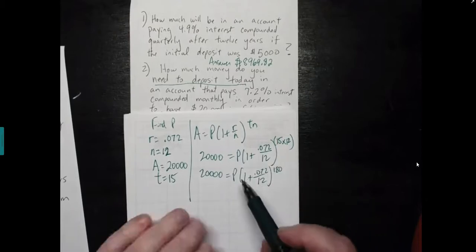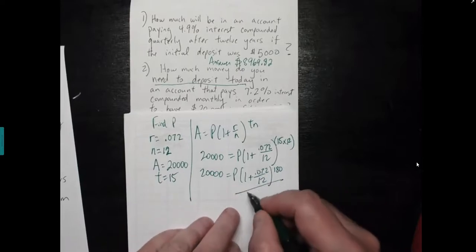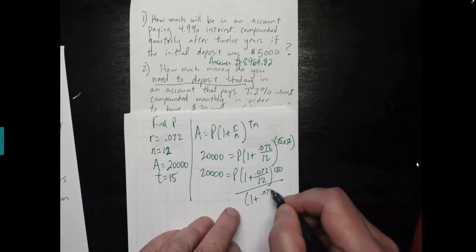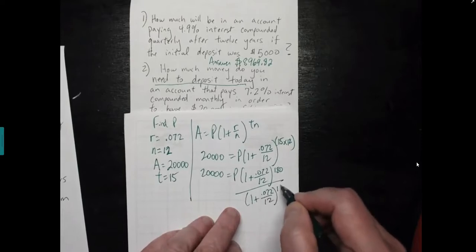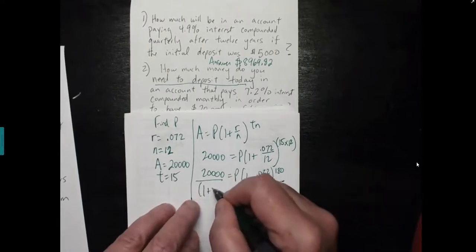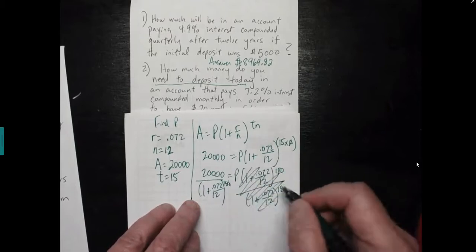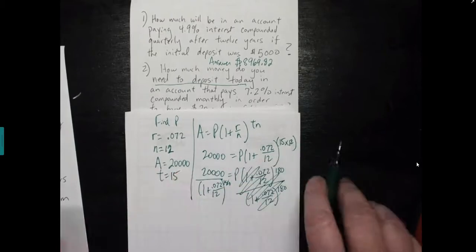Okay, so I want to isolate P. So I have P times this, so I'm just going to divide both sides by whatever P is multiplied by. It's multiplied by a lot, but it's nothing our calculator can't handle. And so this will cancel, and this is going to be my answer.